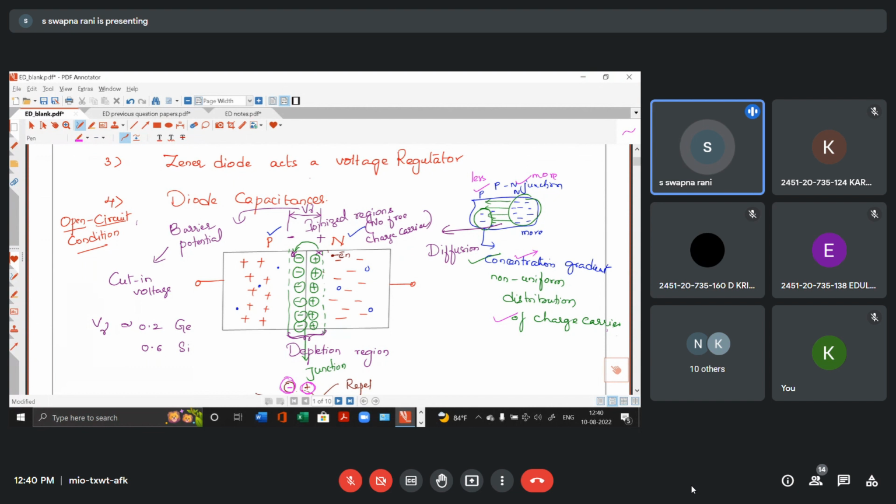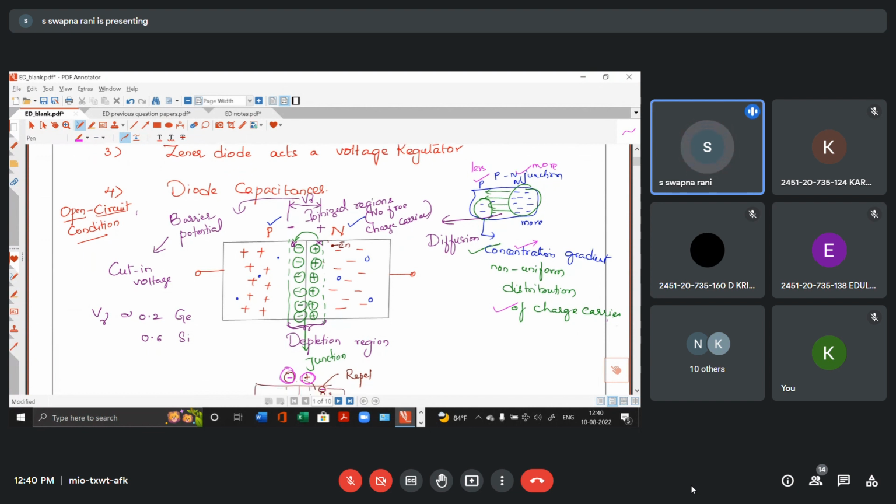During diffusion, whenever an electron tries to move from the n side to the p side, the atom which loses that electron on the n side becomes a positive ion, and the atom which gains that electron coming from the n side becomes a negative ion. So a positive ion on the n side, a negative ion on the p side.